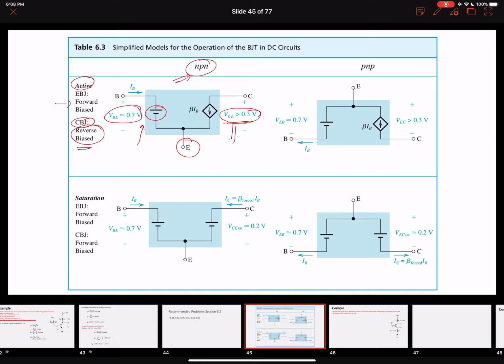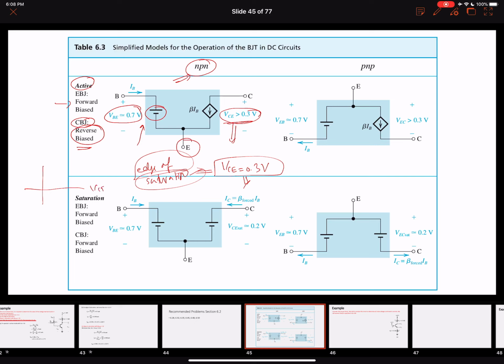As soon as this voltage drops and VCE becomes equal to 0.3 volts, this is the edge of saturation, the boundary between saturation and the active region. And as this value falls below 0.3, it starts to go down into the saturation mode.